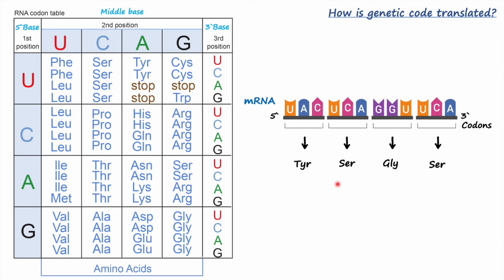Once we determine this amino acid sequence, these amino acids are eventually going to join together through peptide bonds to form proteins. And this process of translating the information of nucleotide sequence into amino acids is called translation, because we are translating from the language of nucleotide sequence into amino acid sequence.